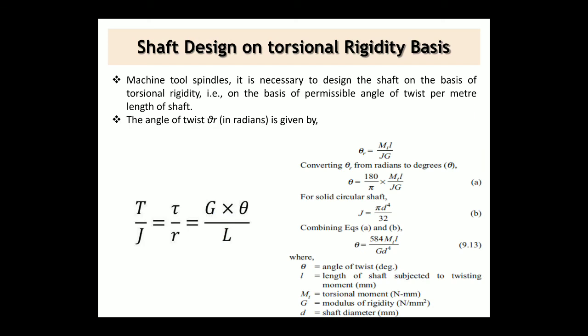Moving ahead with the design of shaft from different bases. Now we will see the design of shaft on torsional rigidity basis. Torsional rigidity is defined as the amount of resistance a cross section has against torsional deformation.